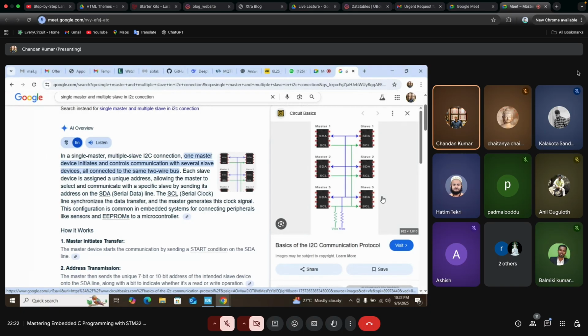Now previously, what was happening? The clock pin and data pin of master 1 were connected with all three slaves.